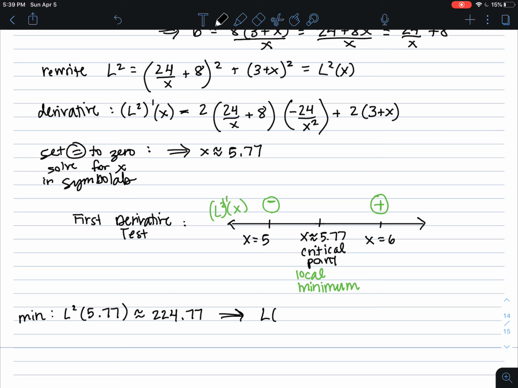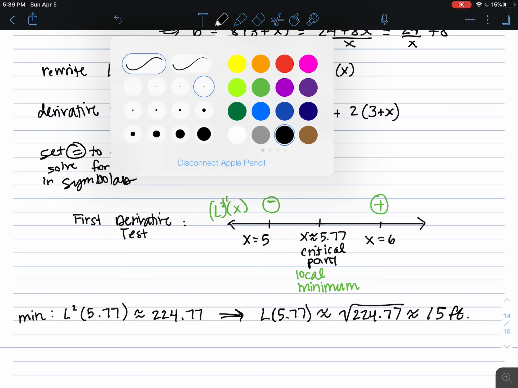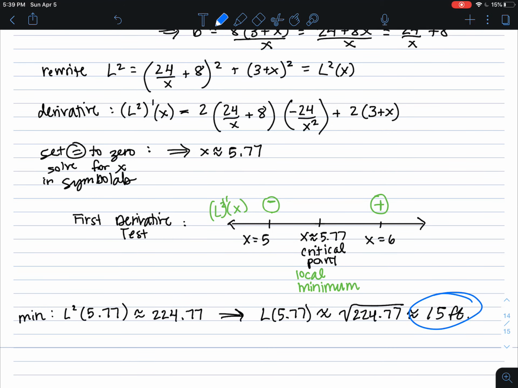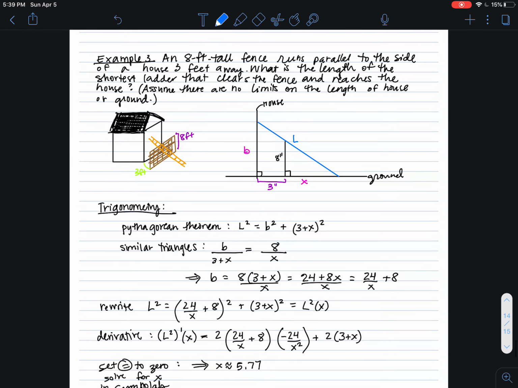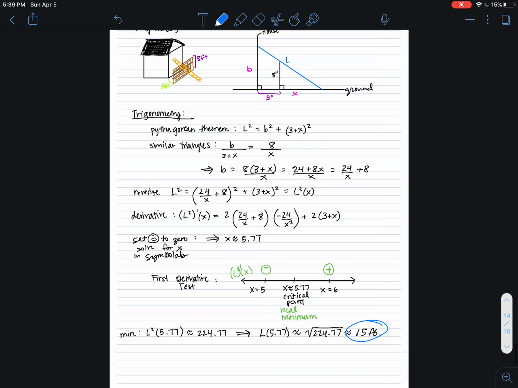This gives us, if we take the square root, that the length of 5.77 is approximately the square root of this, so 224.77 square rooted, which is approximately equal to 15 feet. So, the minimal length of the ladder that will fit the solution is 15 feet. So you need at least 15 feet, and you'd have to put it approximately 5.77 feet away from the base of the fence.